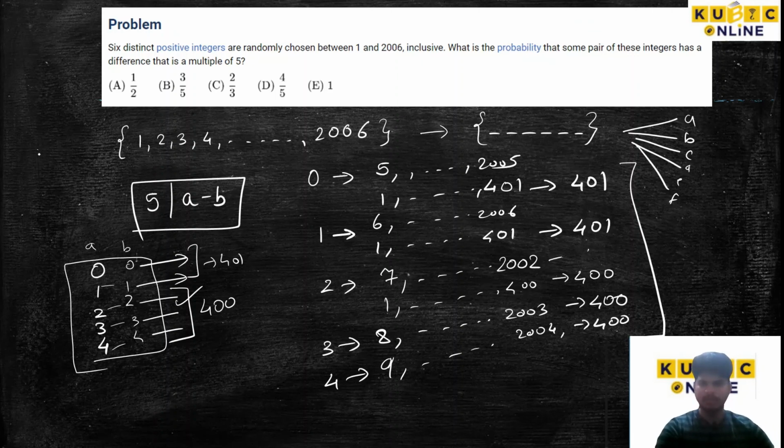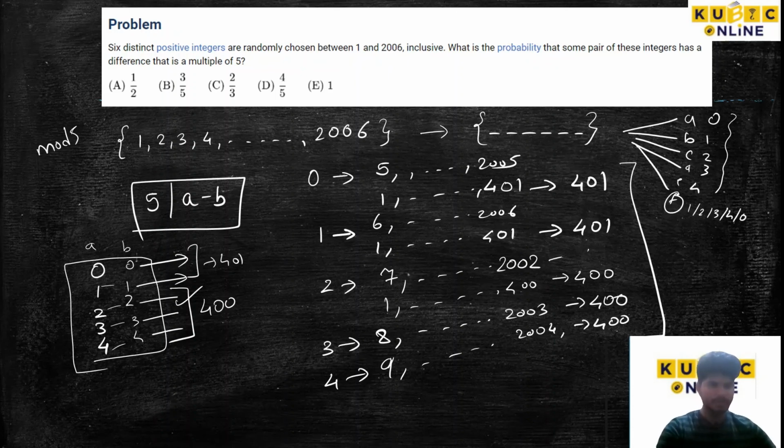But in mod 5, how many distinct residues can there be? 0, 1, 2, 3, 4. There can be only 5 distinct. So whatever this F is, it will be amongst these only, like 1 or 2 or 3 or 4 or 0.